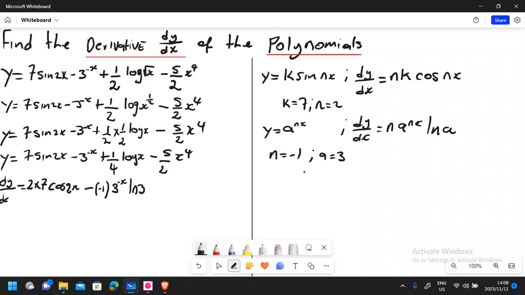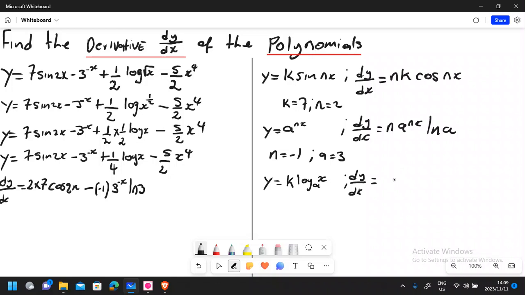So let's look at the third term. We have log. So when we differentiate log, let me just do it. We have y equals k log, and then our base, let's say our base here is a, and then x. When we find dy over dx for log, basically this is straightforward, guys.